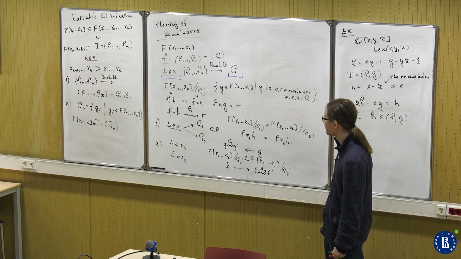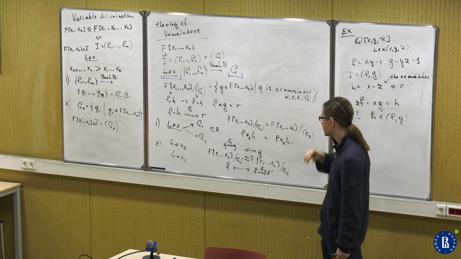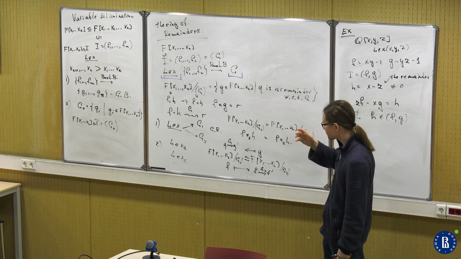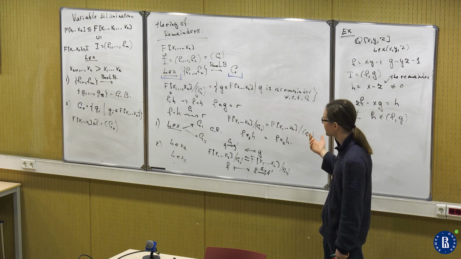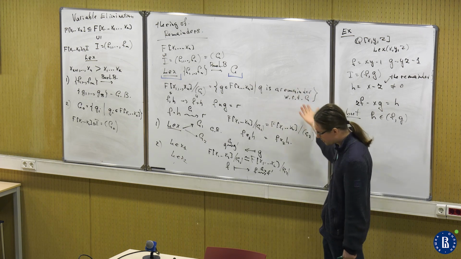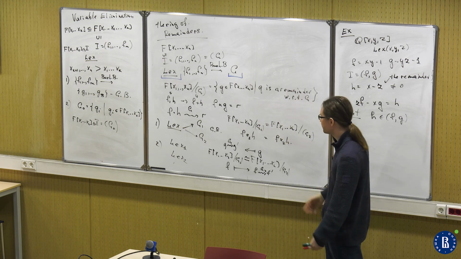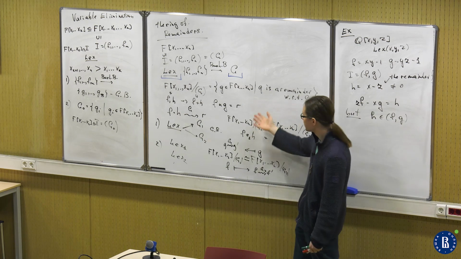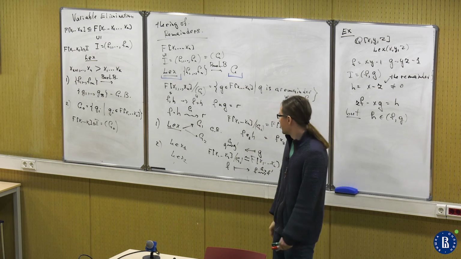If you're interested, then you can learn about this. You can read something. But in general, if you want to deal with them effectively, you need some technique like this. So you need to find something like a Gröbner basis in order to deal with remainders, etc.